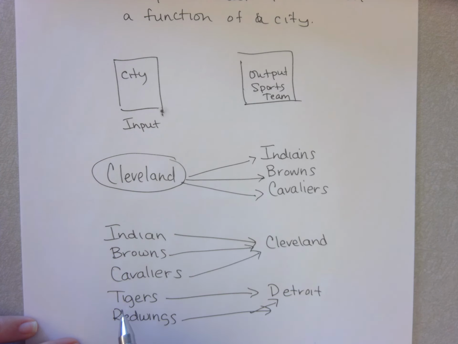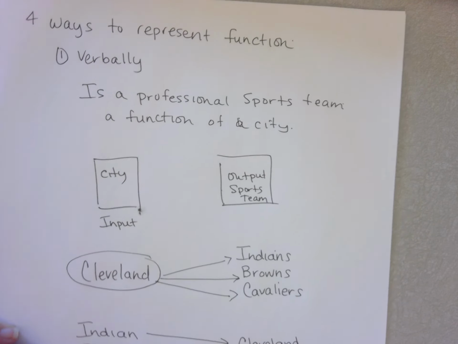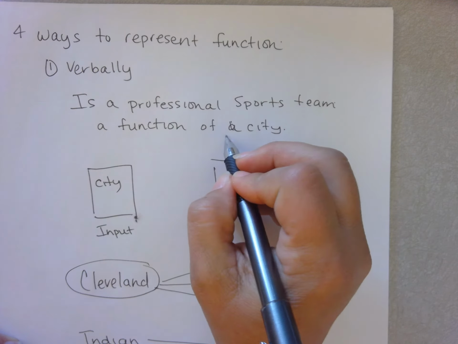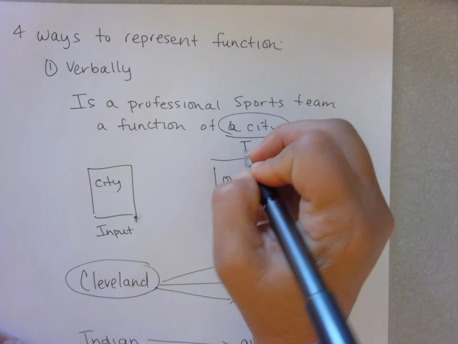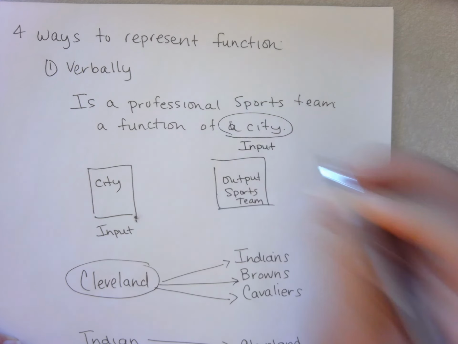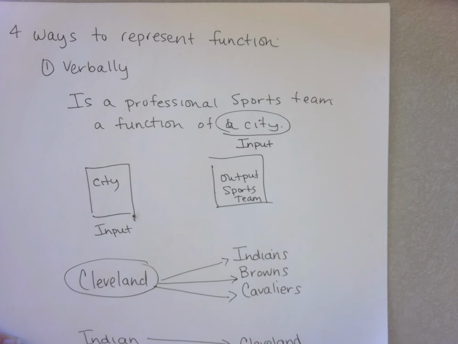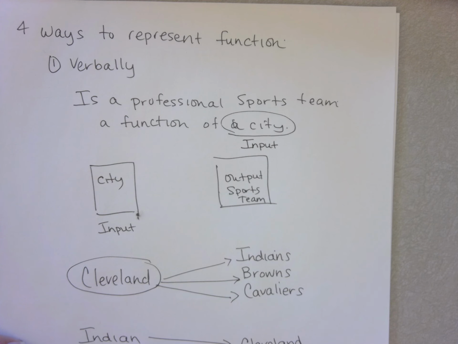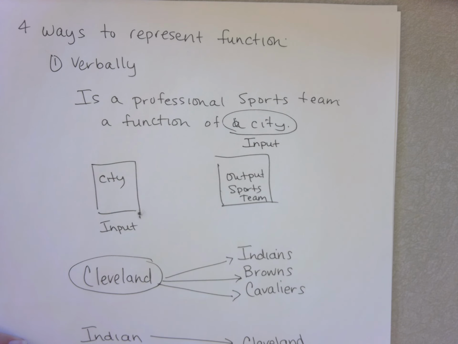There's not a Tiger sports team that matches up with Phoenix or some other city. So in this direction, it's a function, but not in the other direction. So the key is function of A. What comes after that is what we consider the input. That's one way to tell what is being asked.